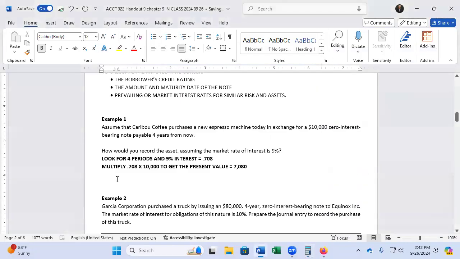Okay, and so our entry would be: debit espresso machine, asset, for 7,080.